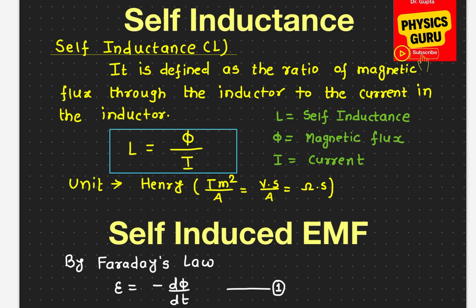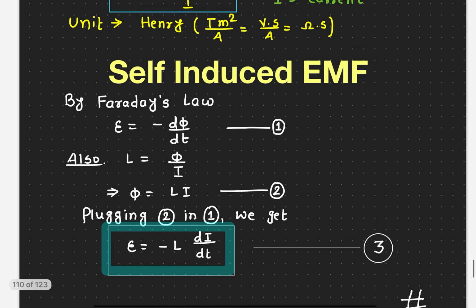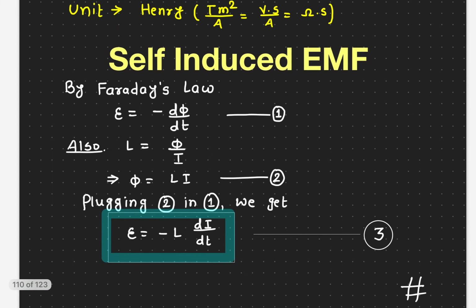That's the mathematical definition. And what is the unit of the self-inductance? The unit is Henry, just like the mutual inductance.